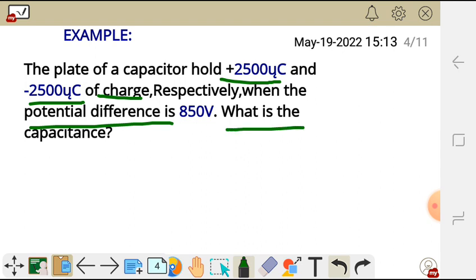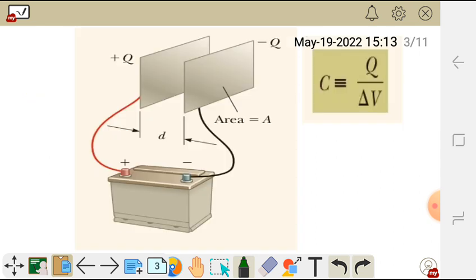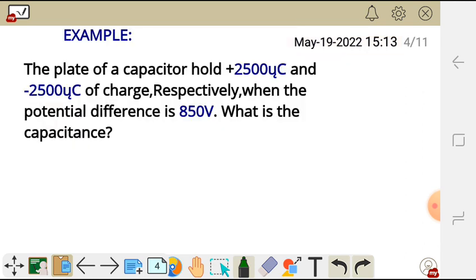What is the capacitance? I have been given the charge and the voltage, so we are going to use the formula: capacitance is equal to charge over voltage, where Q is the magnitude of the charge.